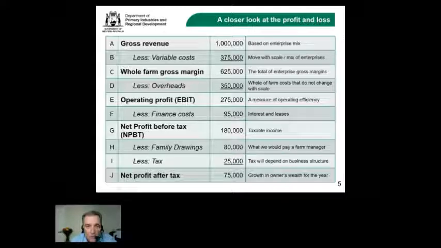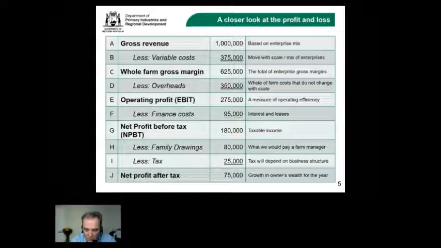It may not be what we actually took in drawings, but if we want to get a figure that we can work with and use and compare to others and compare to benchmarks and consistently compare from year to year, then let's put in a figure here based on what we would have to pay someone to run the farm if we weren't doing it.